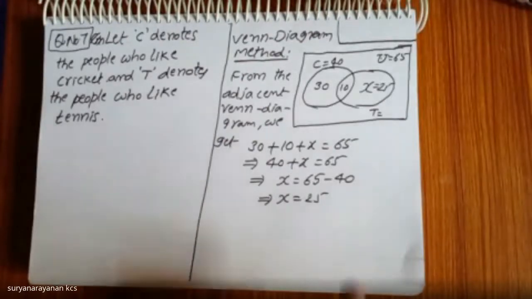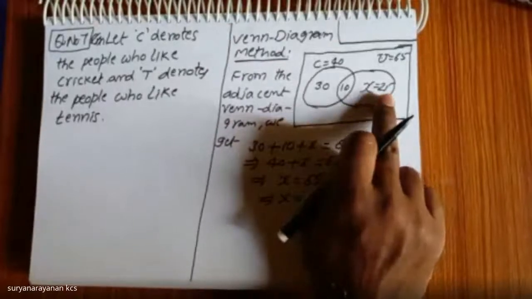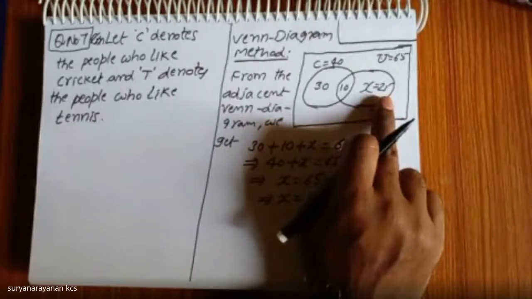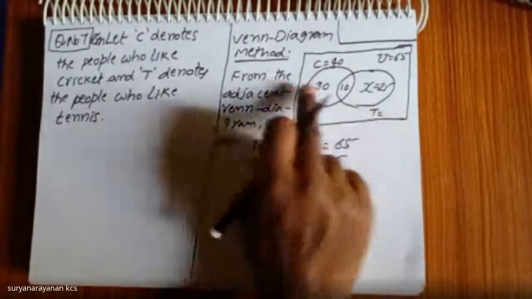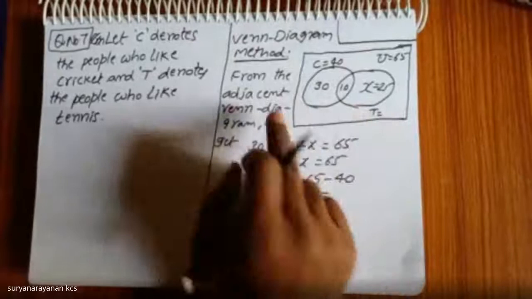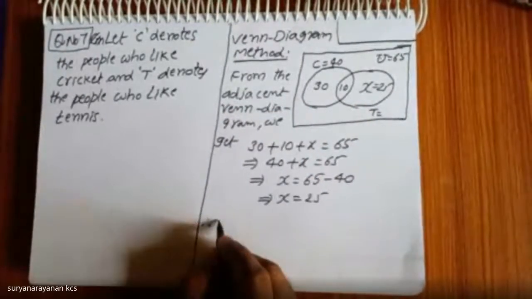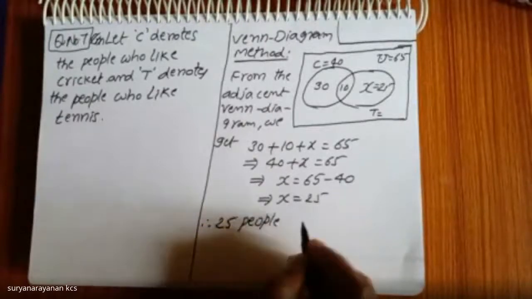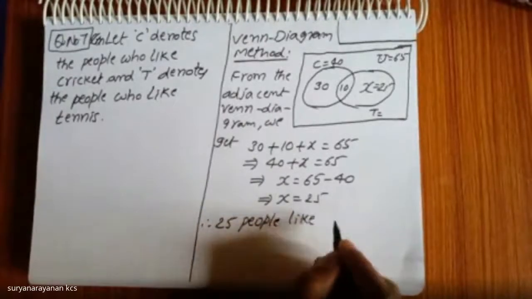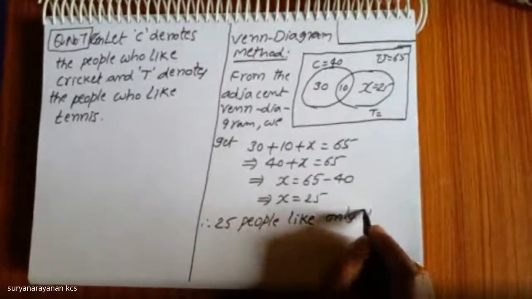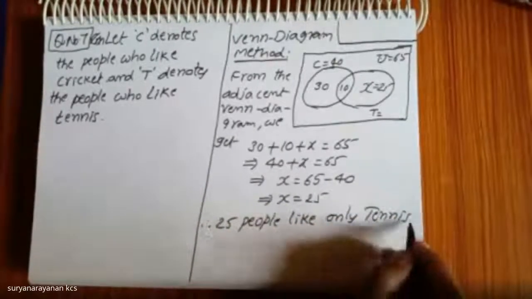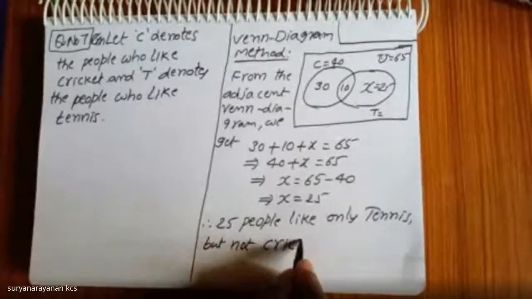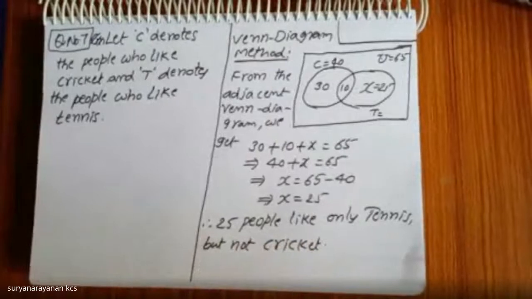Not Rexlin, this is not 35, this is 25 only. Therefore, 25 people like only tennis but not cricket.